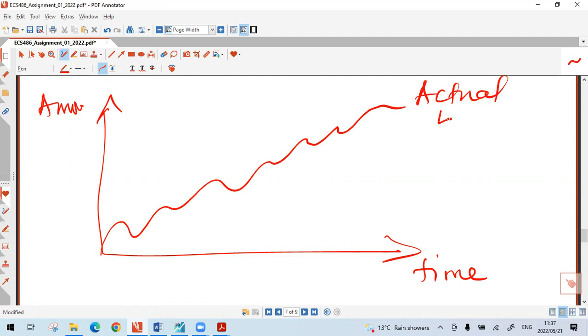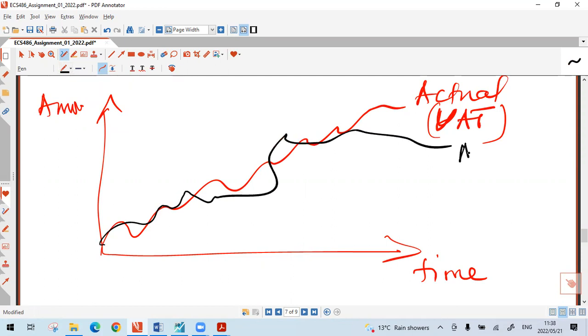Let's call it VAT, this is actual. Then we want to have something that will move like this. This will be our modeled. So if you write it as VAT underscore 0, that's what we want to come up with here. Are we together?